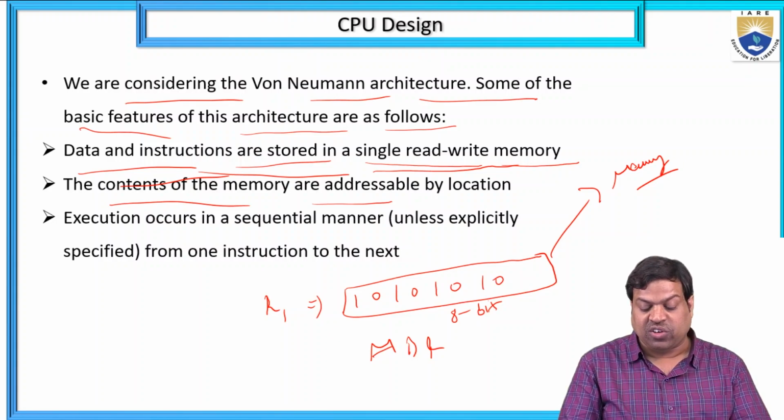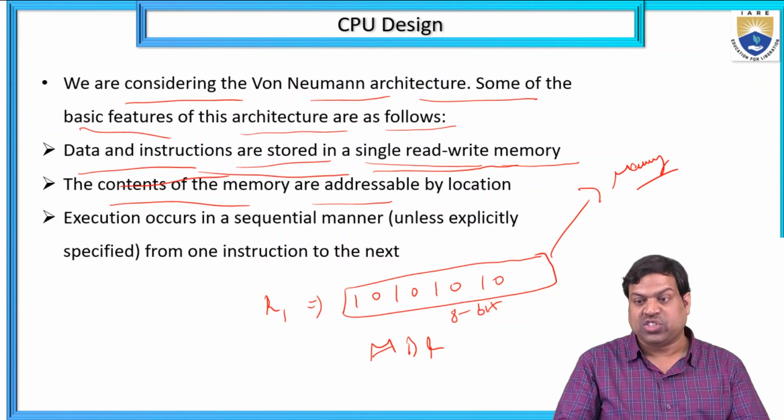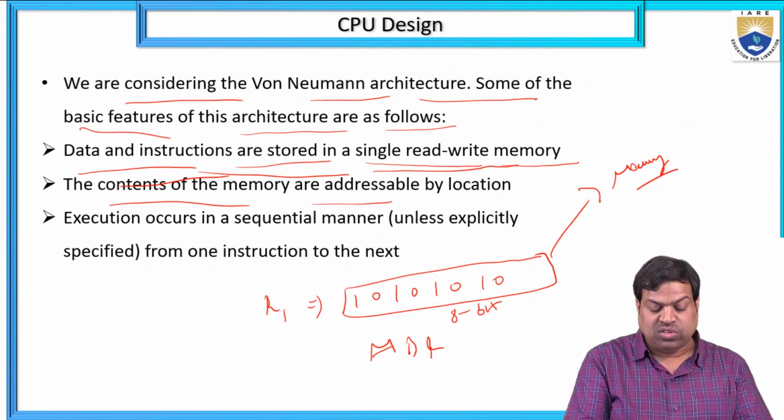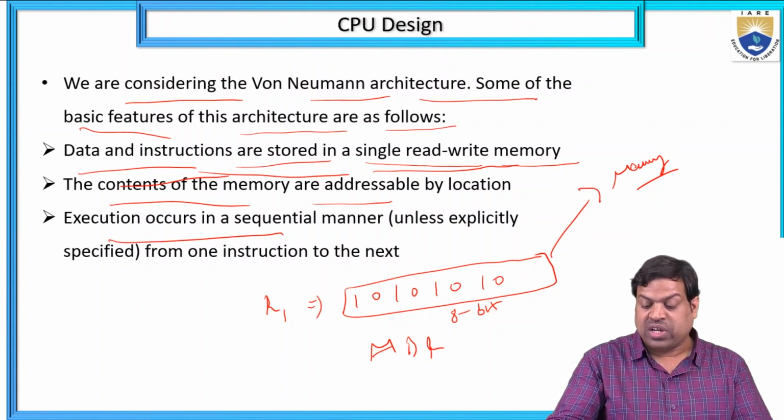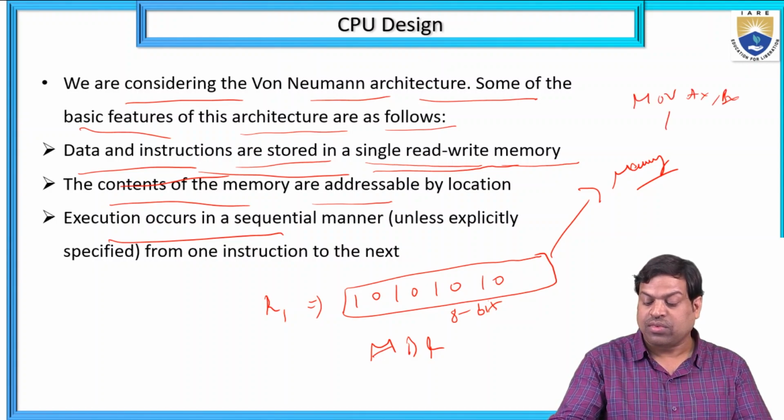Execution occurs in a sequential manner unless explicitly specified, from one instruction to the next. So the execution occurs when I am going for MOV AX, BX, ADD AX, BX into 03.